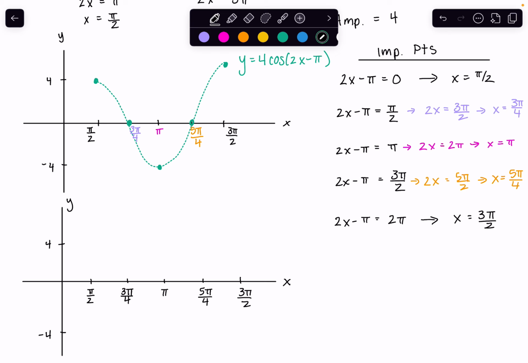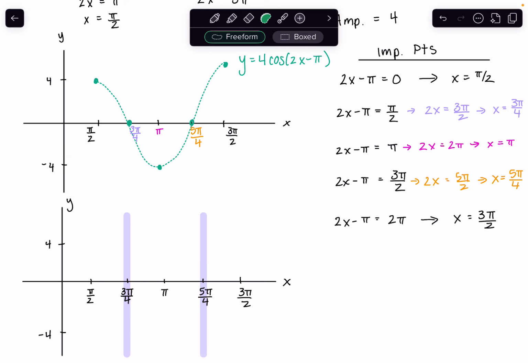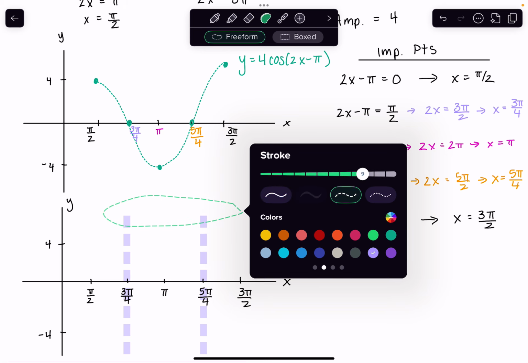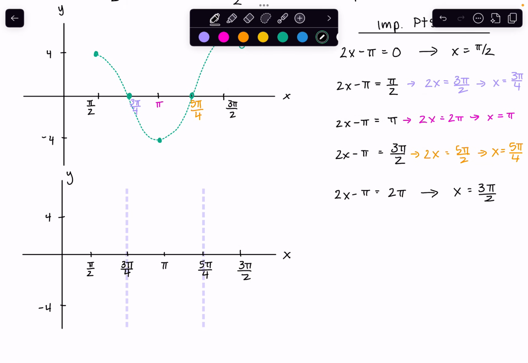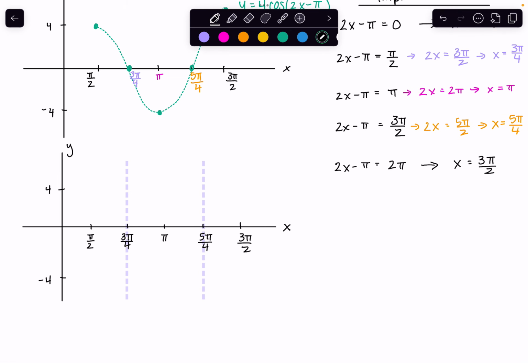Okay. These points here are those intercepts, so those are going to flip and become my vertical asymptotes. So I have a vertical asymptote here at 3 pi over 4. And let's go ahead and make these dotted. Okay. These points here stay exactly where they are. That one I drew a little bit high, but that's okay.